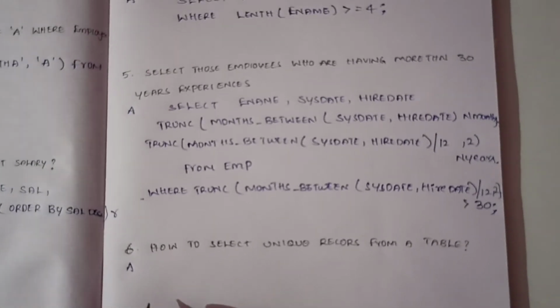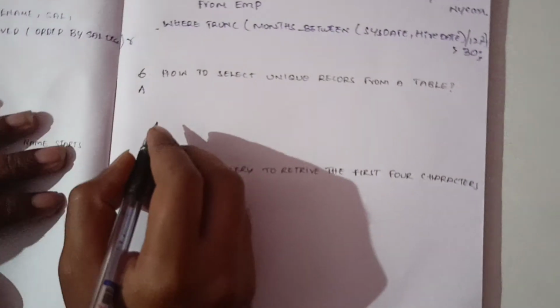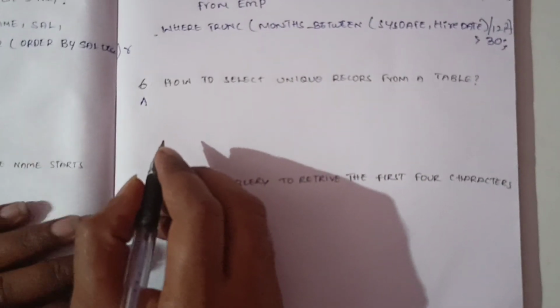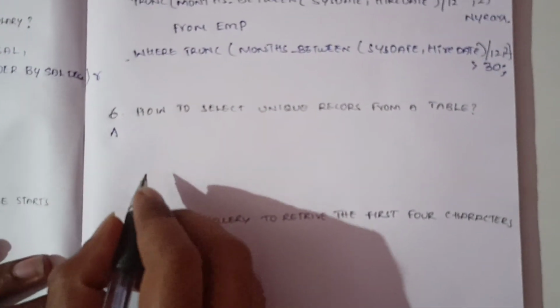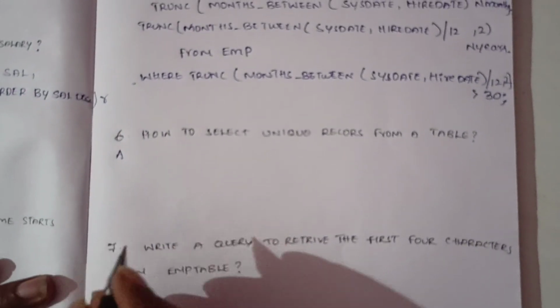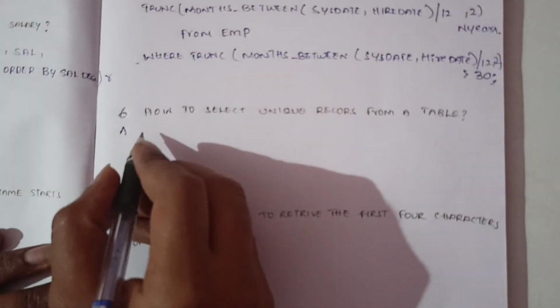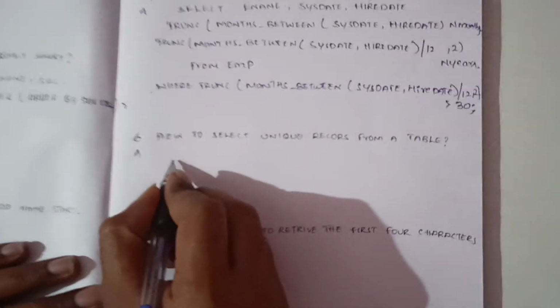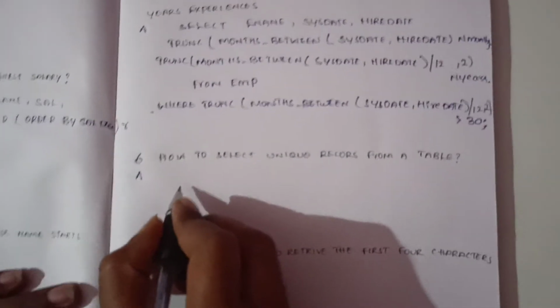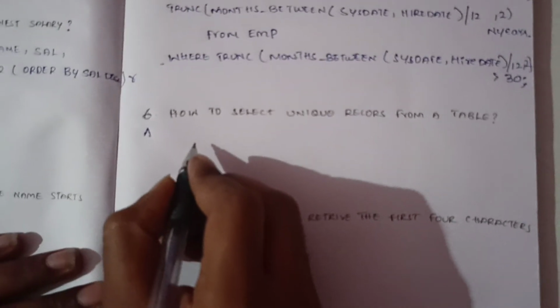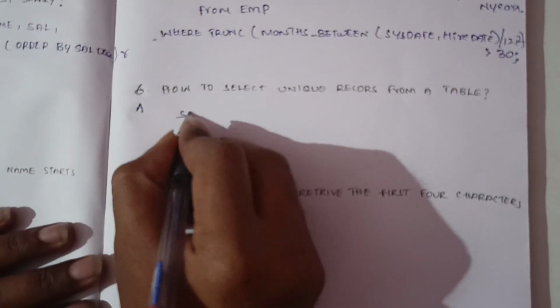Now we are going to see the sixth SQL query, how to select unique records from a table. This is a very important interview question in SQL. For this we are going to write the query by using the distinct keyword. We are going to give the unique records.